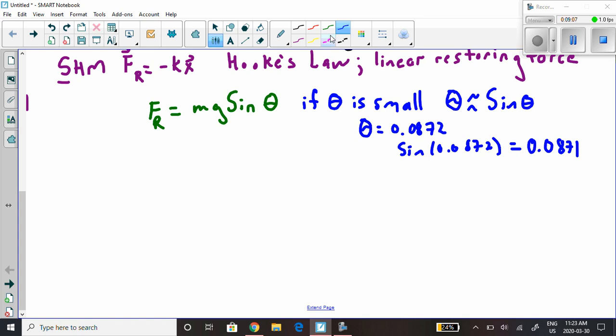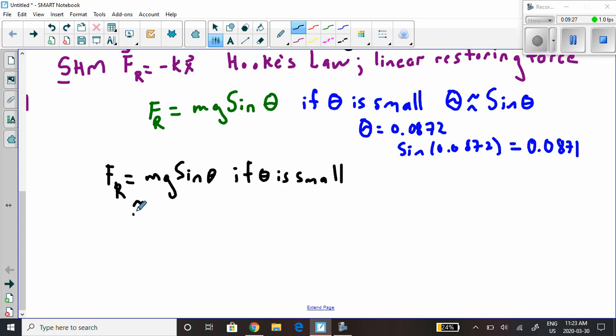So because of that, we can make this jump here. The restoring force is equal to mg sine theta, and if theta is small, remember this is in radians, then this is approximately equal to mg theta.